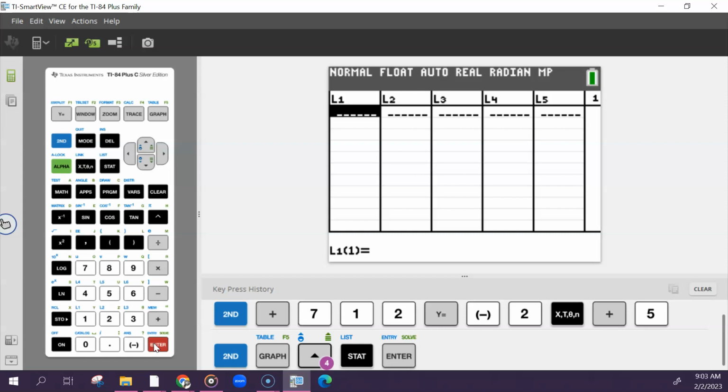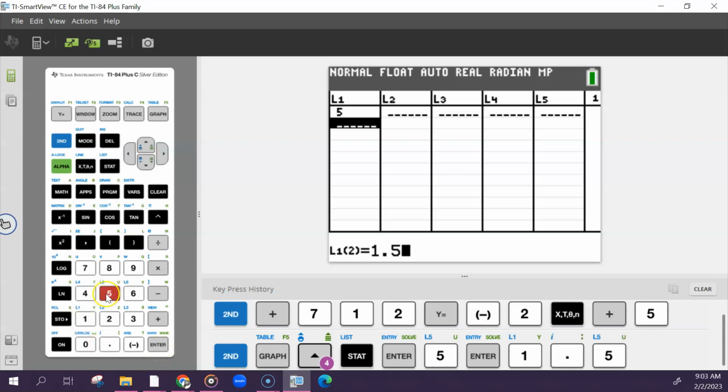Your X's are going to go in L1. Your Y's are going to go in L2. So you're going to start putting those in. You can either put them in and hit enter, or you can put them in and type the down arrow.